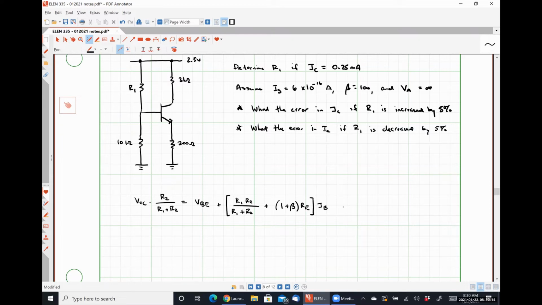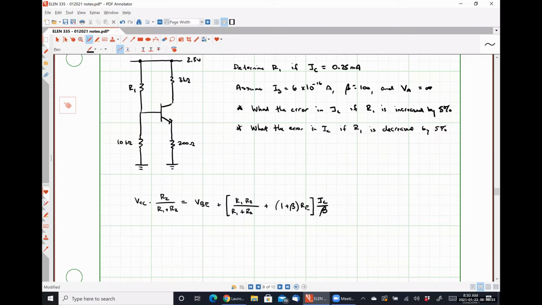Well, what's IB going to be in this case? Yeah, exactly right. So 1 over beta, or IC over beta, I guess would be a better way to put it. IC over beta. So the only thing in this whole equation we don't know is the value of resistor R1.